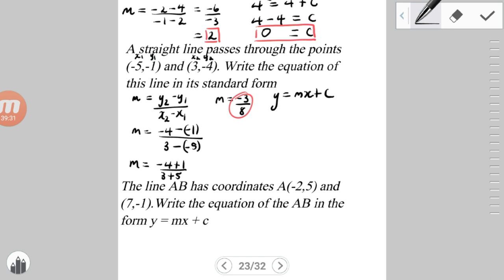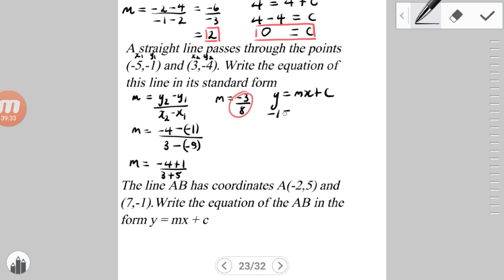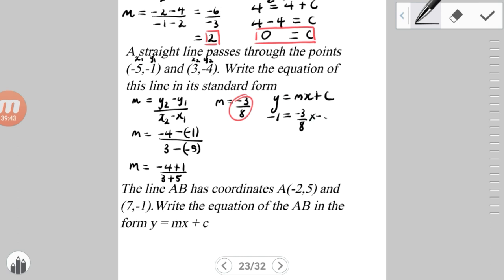By plugging this in, y1 is -1, m was calculated to be -3/8, multiplied by x, which is -5, plus c. Please bear in mind that we're looking for the equation of the line in its standard form. Now we're just going to simplify this a little bit. So that's minus 1 is equal to, there's nothing to cancel out here, so we're looking at minus 3 times minus 5, which is 15 over 8, plus c.